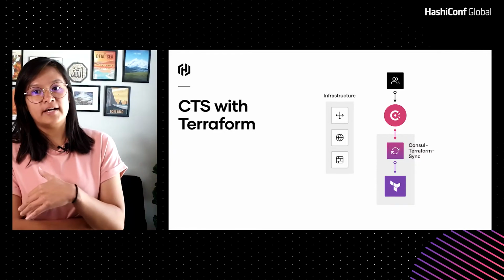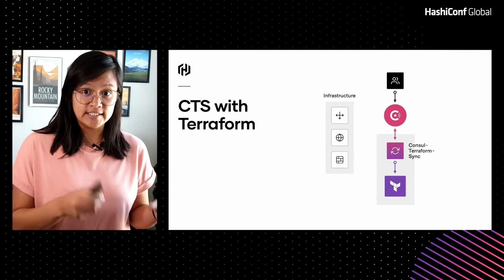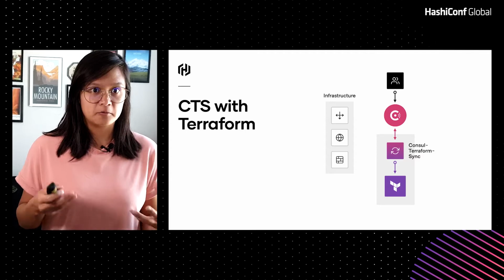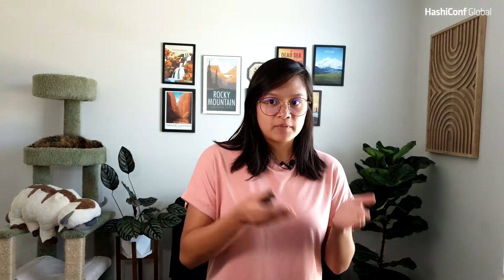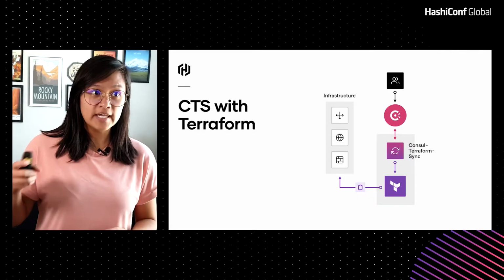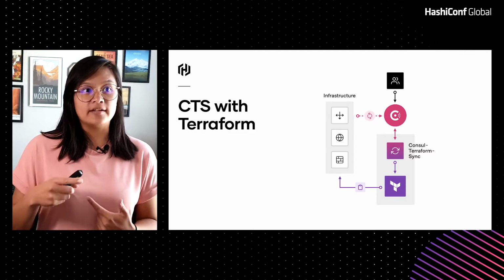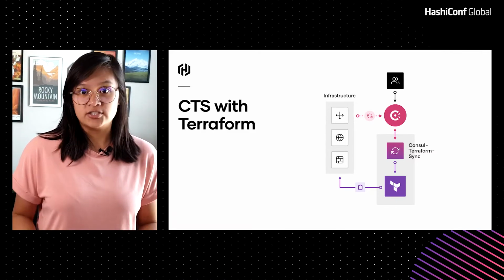This can be done by defining and building compatible Terraform modules that suit your organization's needs because everybody's infrastructure is quite unique. And so to summarize, you define the Terraform module and CTS automates Terraform execution for it. And this is done over time as Consul monitors your cluster and discovers any changes.